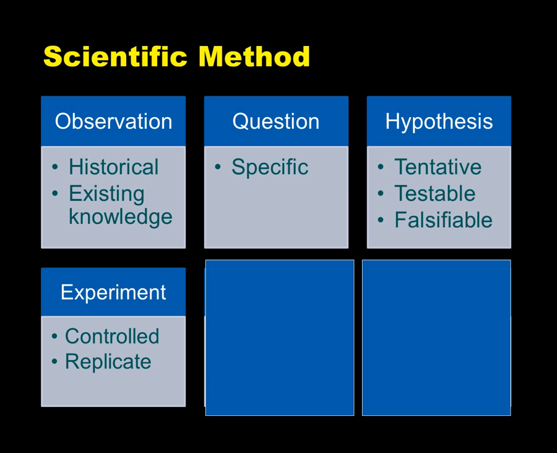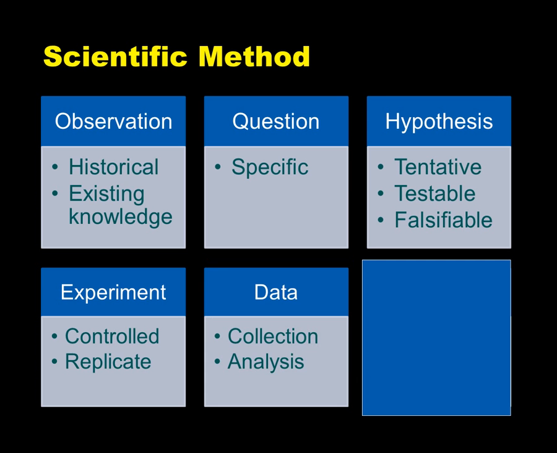After the experiment is controlled and conducted, what should we do? Collect the data. Okay? Data. Science is all about data, however you want to pronounce it. We've got to collect the data, but most importantly, you need to analyze it. Okay? You need to interpret your results.